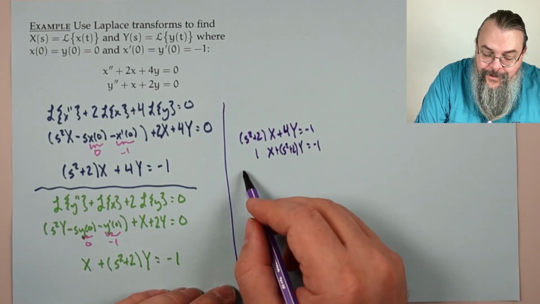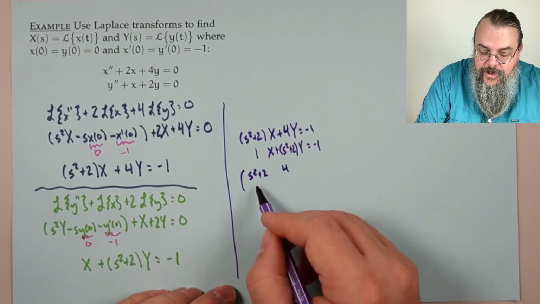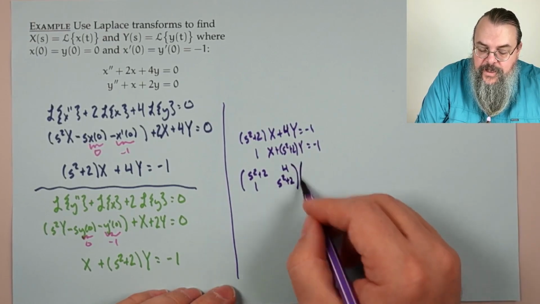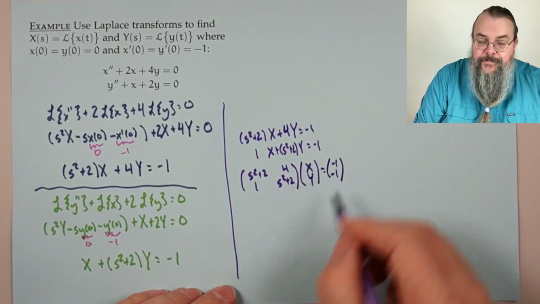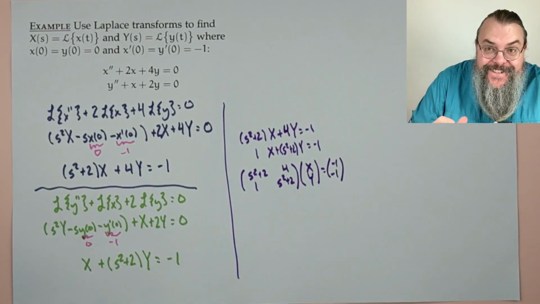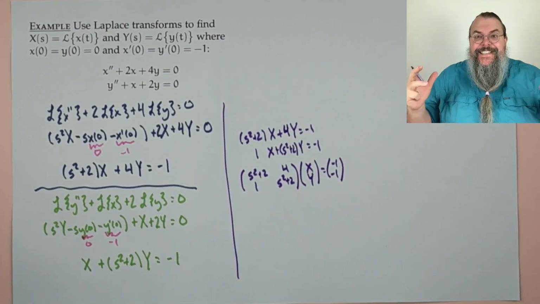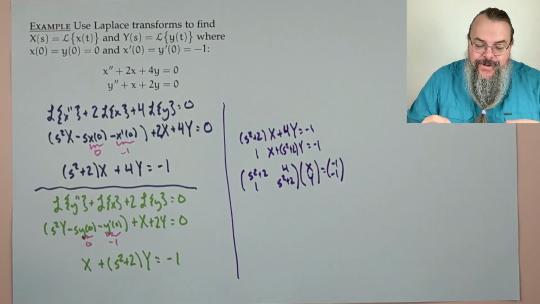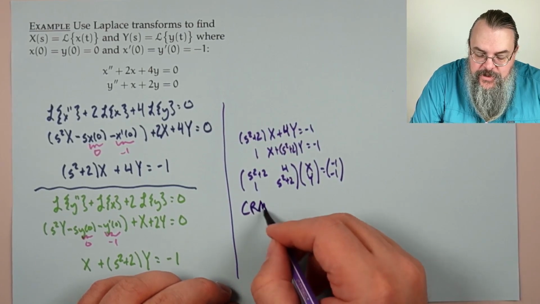Or in matrix form, s squared plus 2, 4, 1, s squared plus 2 times xy equals minus 1, minus 1. Now, what does this feel like? Come on, say it. Cramer's rule. Yes, it's Cramer's rule. So we're going to do that.